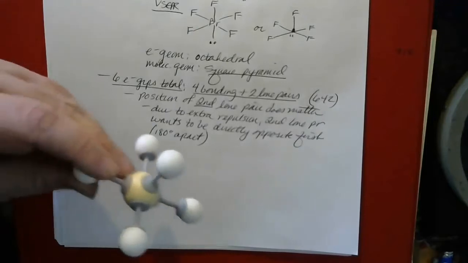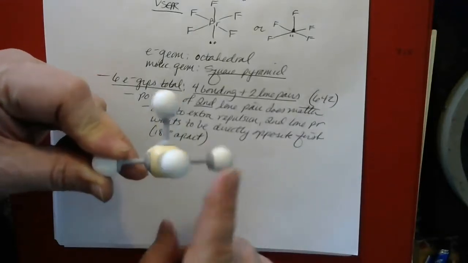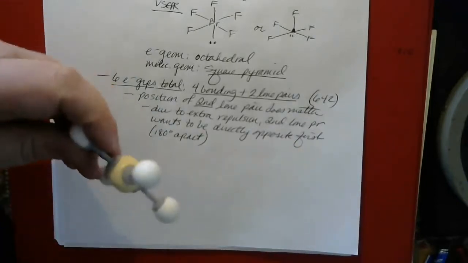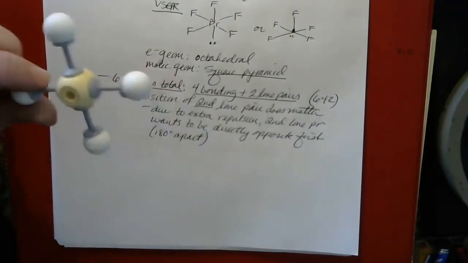So the second one is going to go directly across from the first one. So it's not going to be one of these, it's going to be that one. So now we've got two lone pairs. And look what you got. It's a flat square.